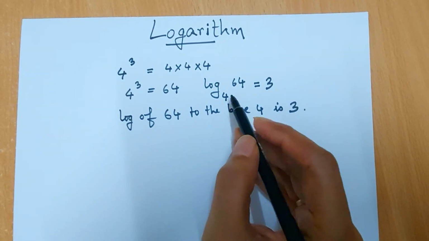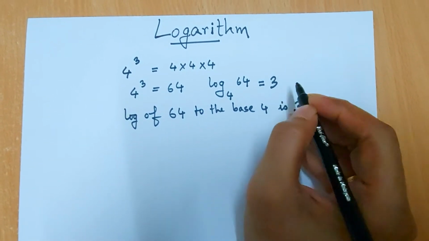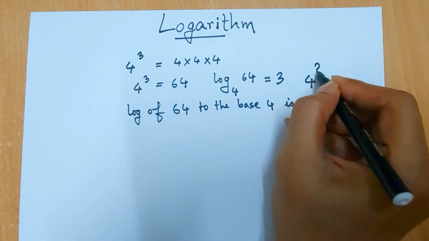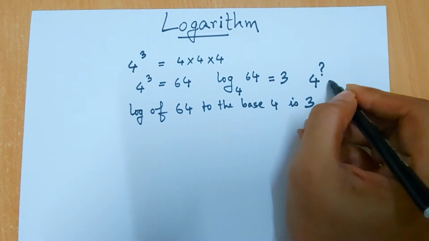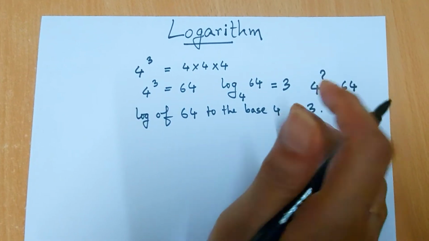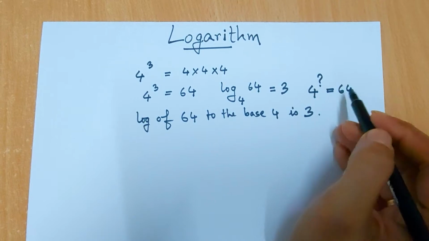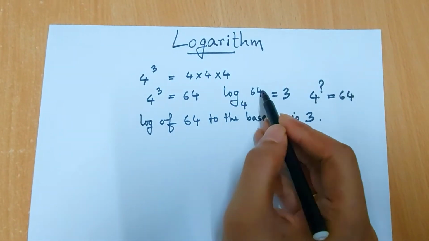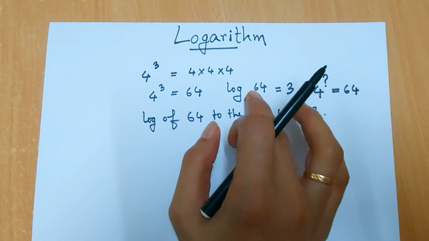That means we can say 4 raised to power what? 4 is the base, raised to power what to get 64. The power of the base will be the answer in log. Here the power is 3, that means log of 64 to the base 4 equal to 3. The power will be the answer in log.